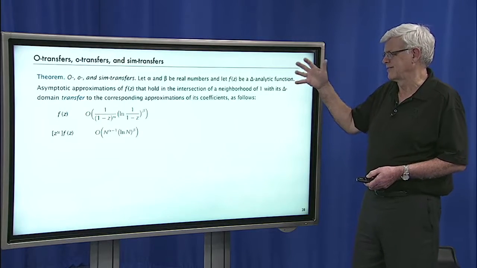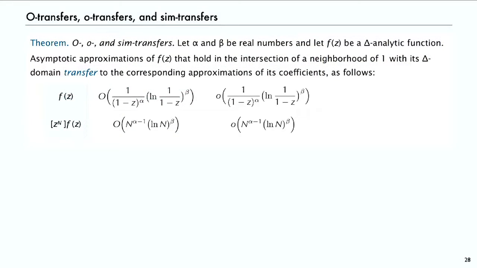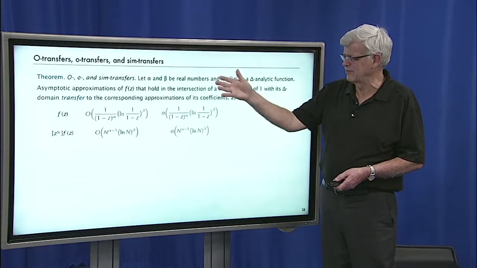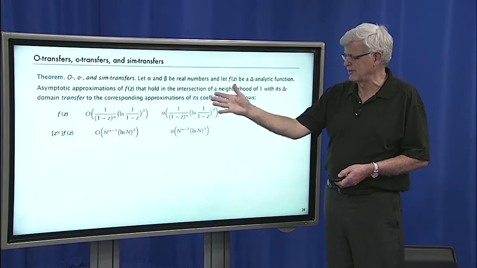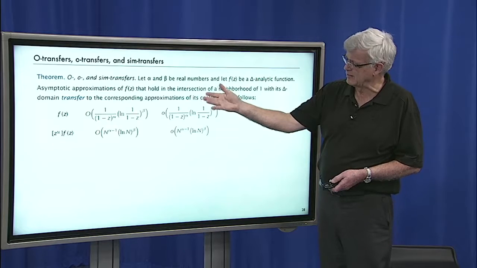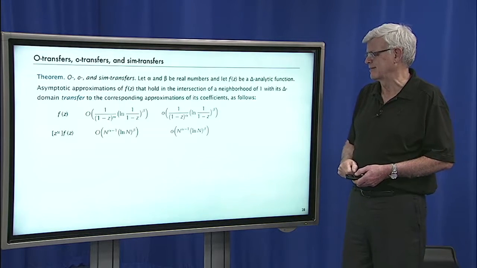And there's a lot of words here, but really this little table tells the whole story. If you've got something in the standard function scale, so you have a big O term, and you get that approximation to the function from the standard function scale, you can do the transfer for the coefficient asymptotics.